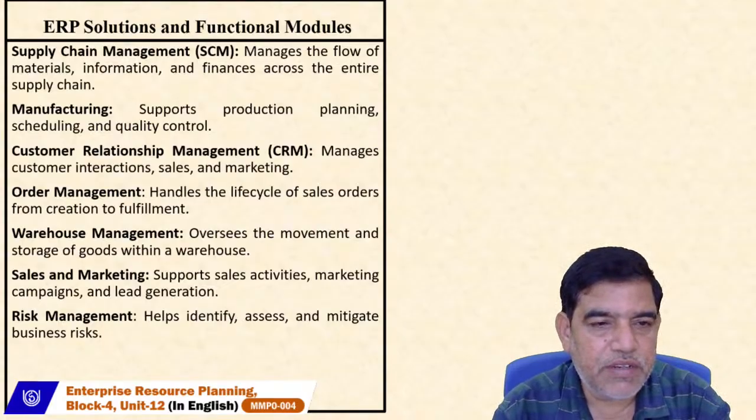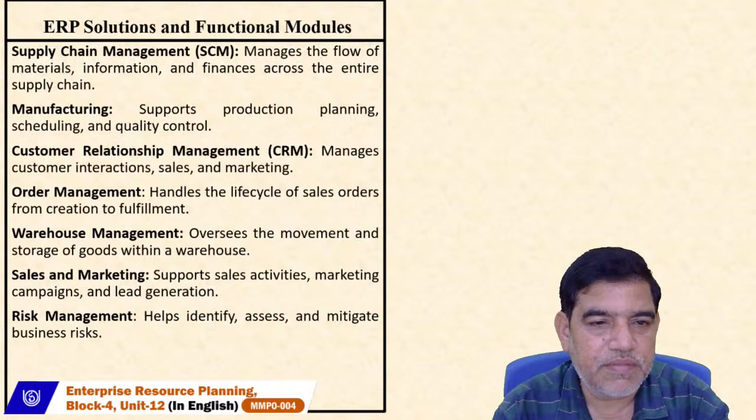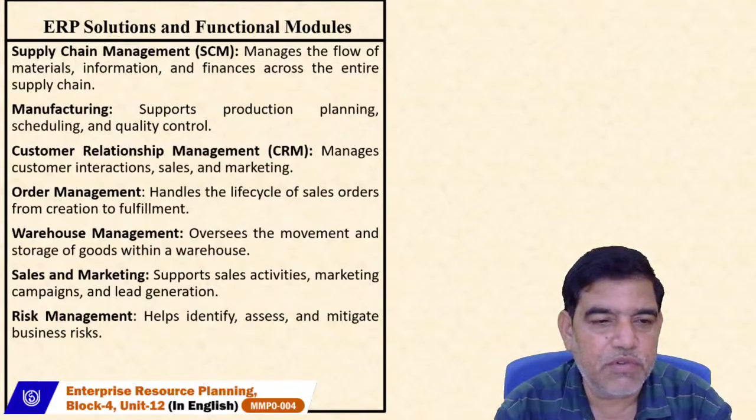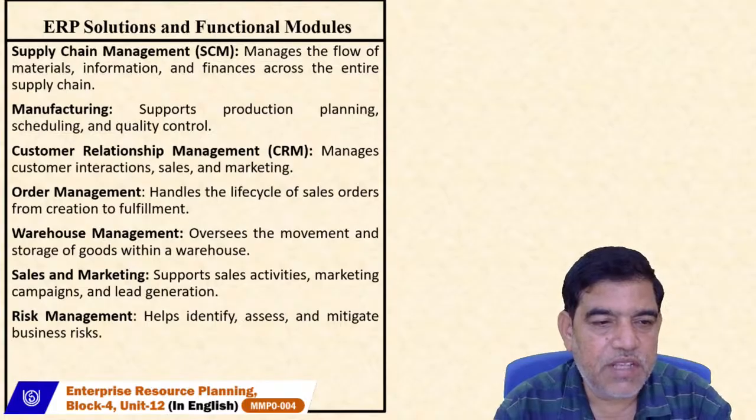Then order management handles the life cycle of sales order from creation to fulfillment. Warehouse management oversees the movement and storage of goods within a warehouse. Sales and marketing supports sales activities, marketing campaigns, and lead generation.